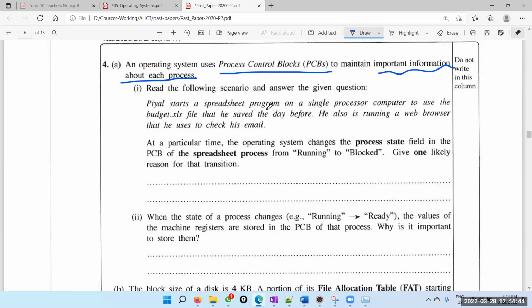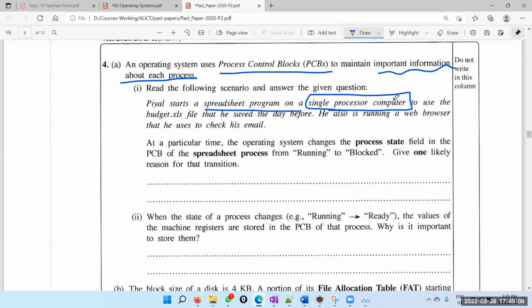PL starts a spreadsheet program on a single processor computer, right? Single processor computer. Remember, there are two ways it can do multitasking. Give it to different processors or logical processors or whatever, or even when there's a single processor, it can do time sharing, giving time slots.